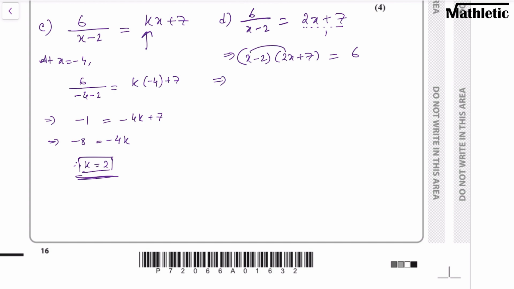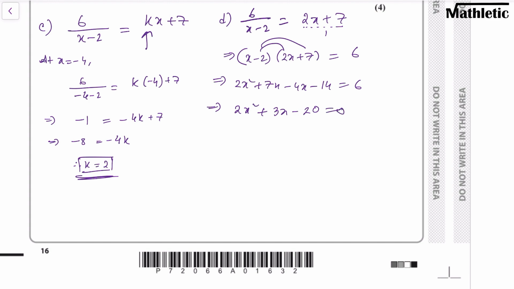At the left side, if I multiply this, you get 2x square plus 7x, and then minus 4x minus 14. So this is 2x square plus 3x, and then minus 6 minus 4 is actually minus 20.